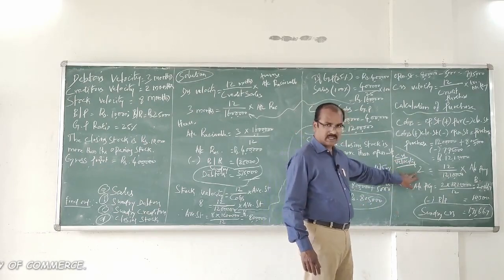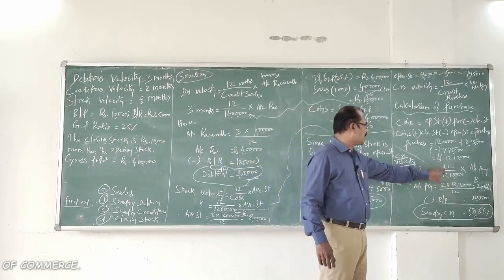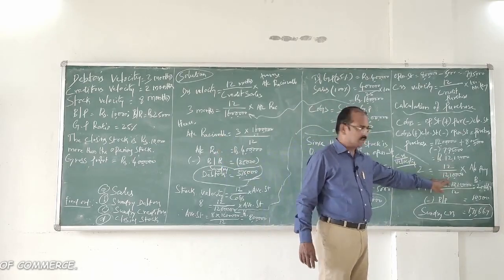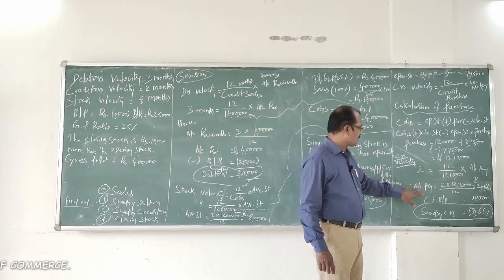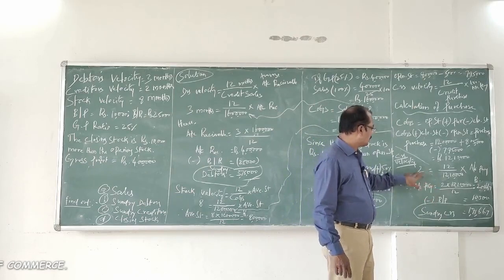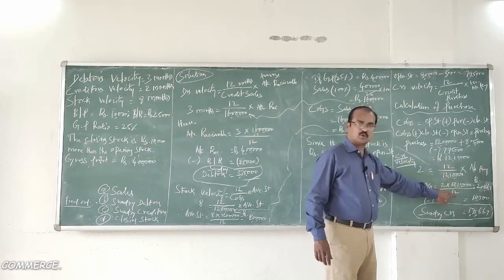Now, let us continue with the same creditors velocity formula. The answer is 2 months, given in the problem, for creditors velocity is equal to 12 divided by 12 lakh 10,000 into closing accounts payable. Therefore, closing accounts payable is equal to 2 into 12 lakh 10,000 divided by 12.